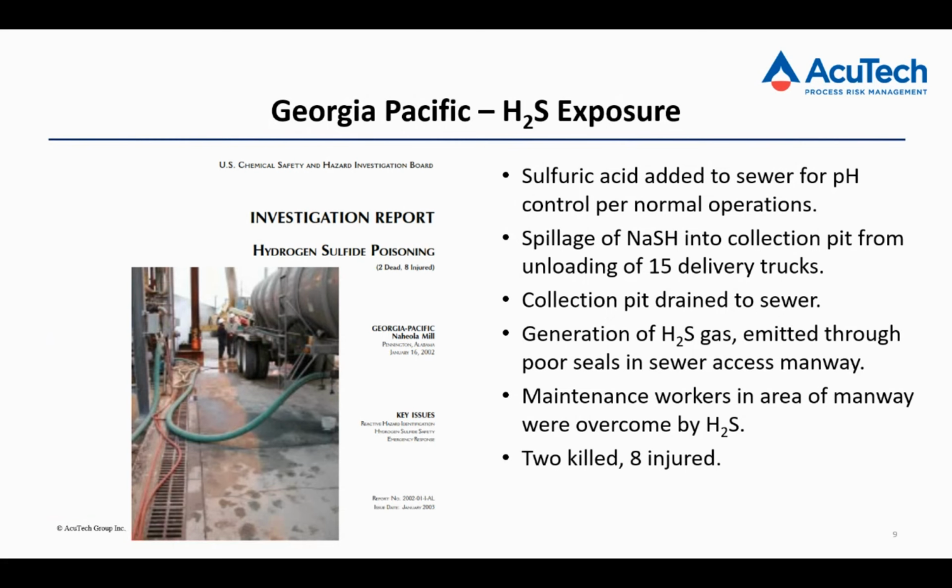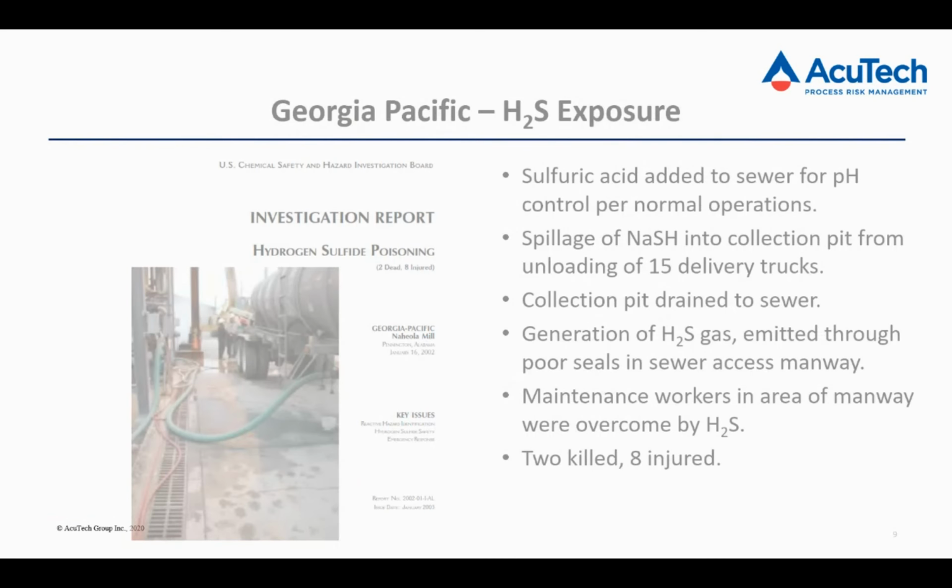They were being unloaded, and with each unloading, you had small leaks from breaking the pipe and hose connections. They were collecting all those little droplets into a collection pit, and after they had unloaded about 15 trucks, they drained that collection pit into the sewer.